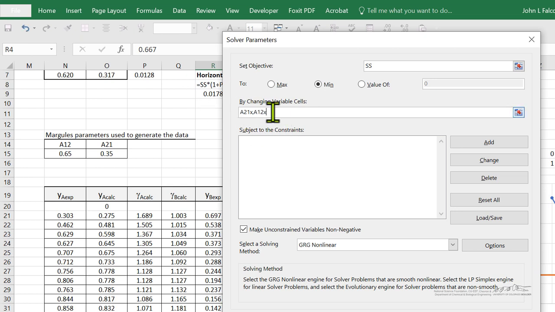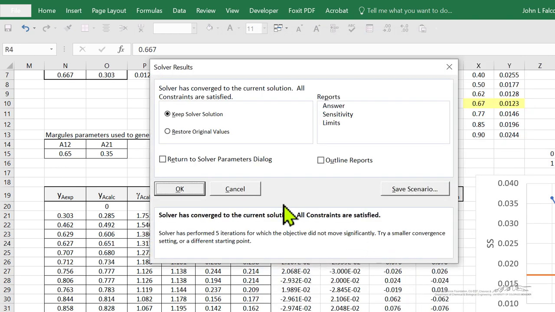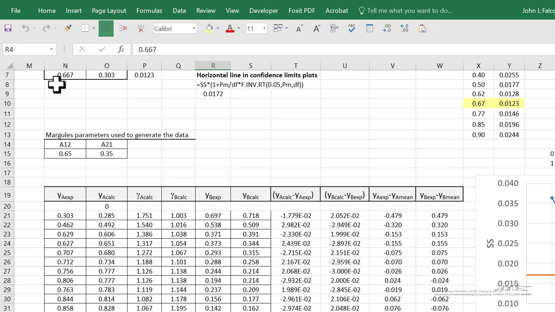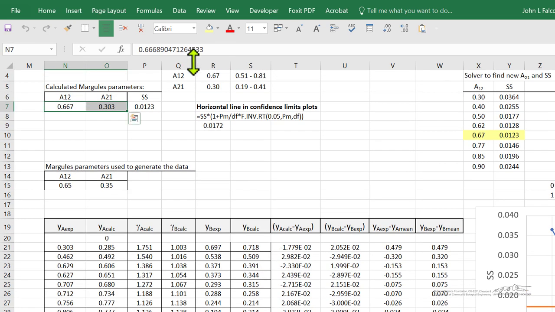And I've named the cells, and that's why I can write these terms for the cells that we're going to vary. And then we get the values that we have also copied up here. You'll notice the values are not exactly the same as the data we started with because of the noise, but they're actually pretty close for A12, and they're certainly within the confidence limits.